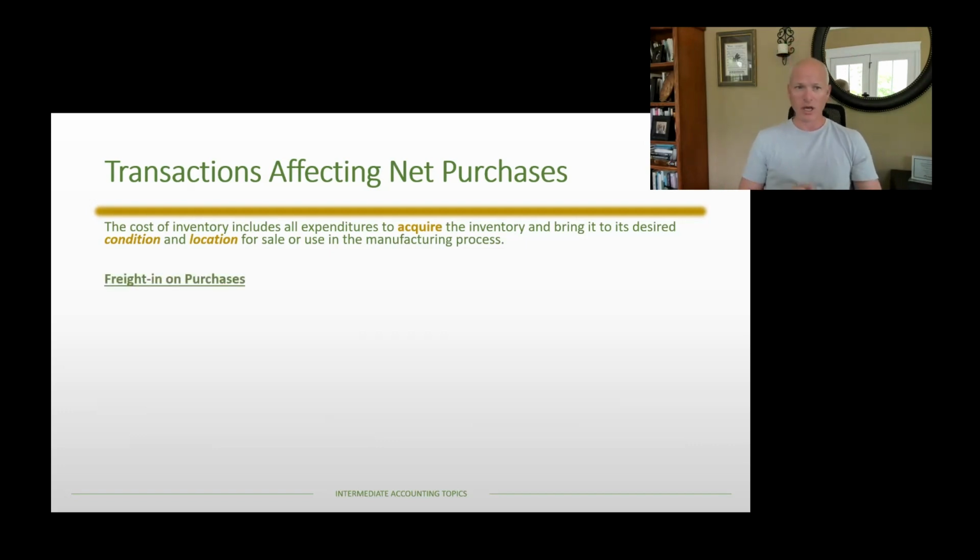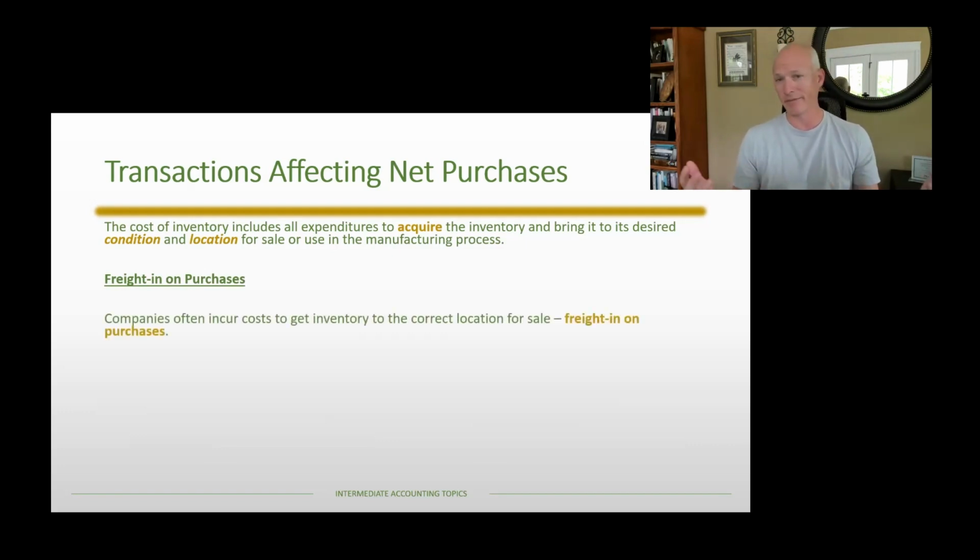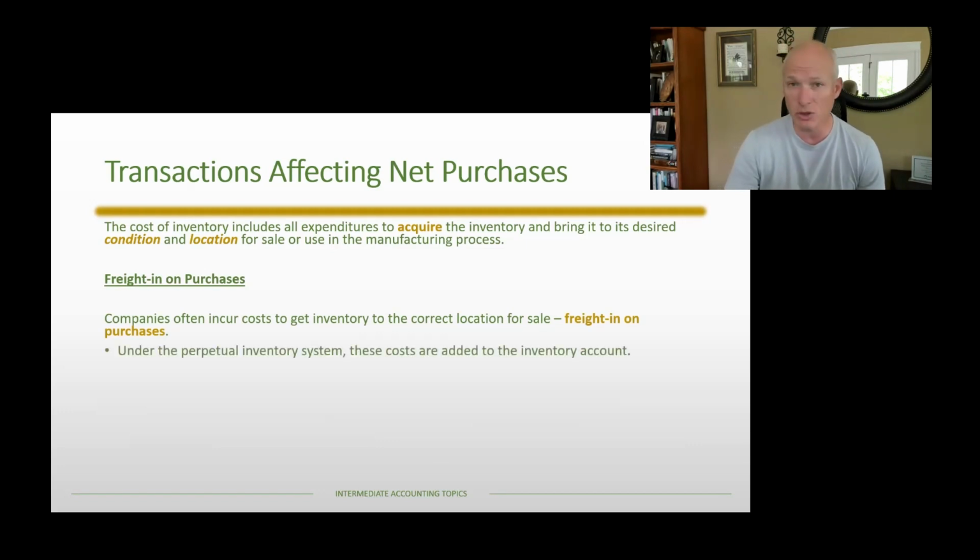And one of those is freight in on purchases. So with freight in on purchases, basically, we've got to get it to the right place, right? And so there are costs that are going to be included in that. Under the perpetual inventory system, remember, that's where we continuously update the inventory account, it's going to get added to our inventory account.